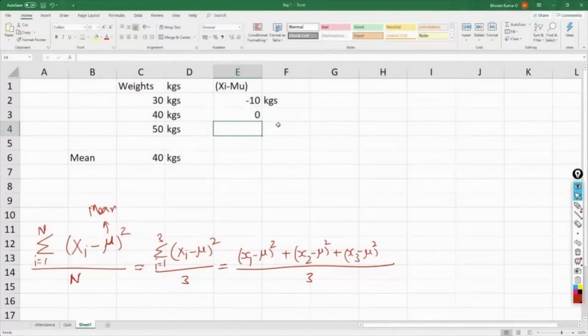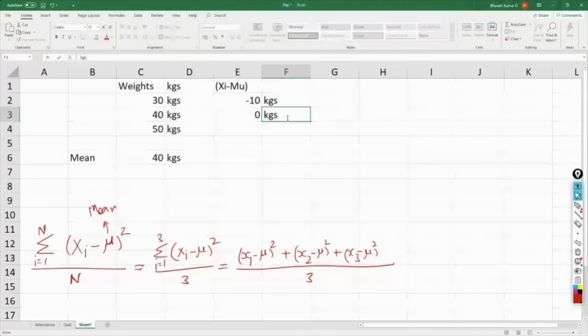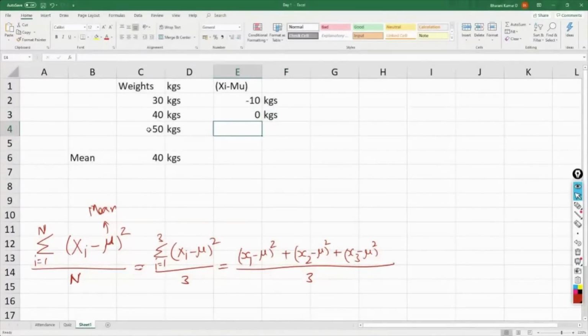Each value, how far away is each value from the average? So I say x3 minus mu is so much. Now, if you add all these 3 numbers, what do you get? Minus 10 plus 0 plus 10, you get 0 kgs.